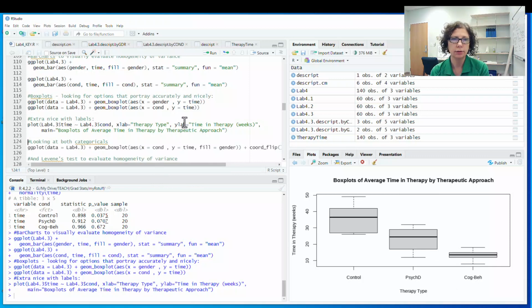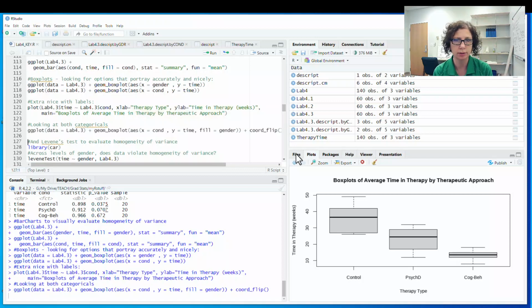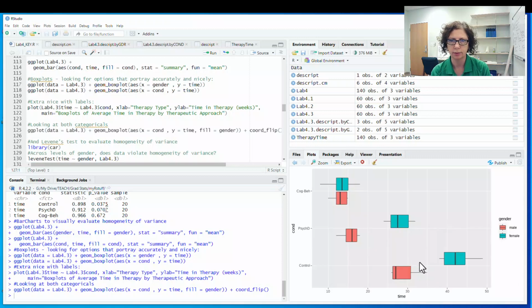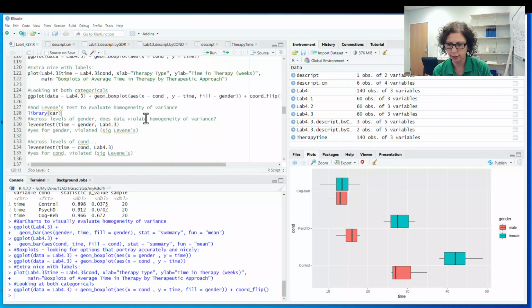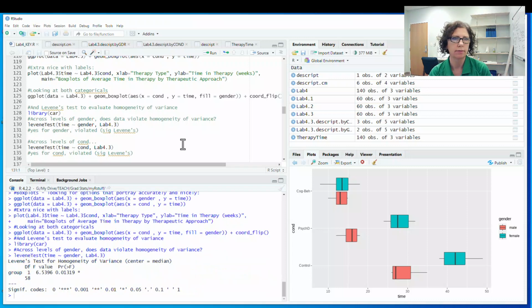And after you've looked over your box plots and bar graphs, looking at the spread there, we want to also run the Levene's test. Oh, I have one more box plot for you guys. And this one we saw before in Lab 3. Okay, Levene's test, we're going to need the car package, and we're looking at, does gender violate homogeneity of variance?